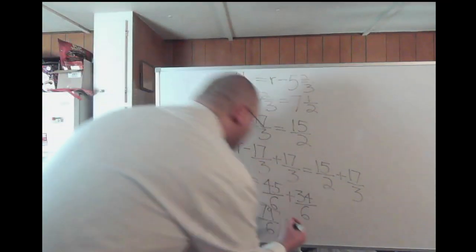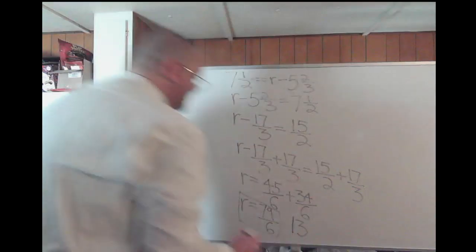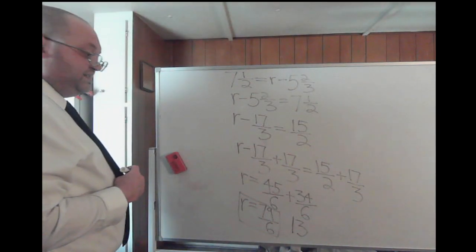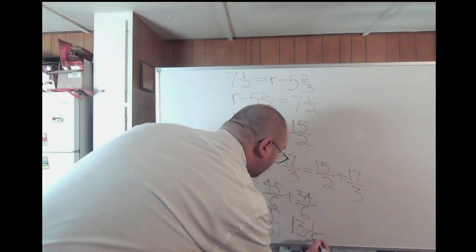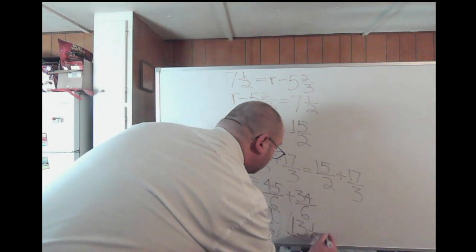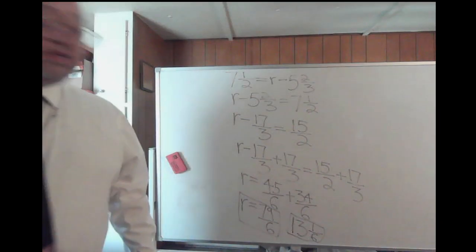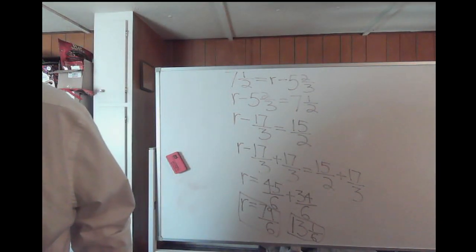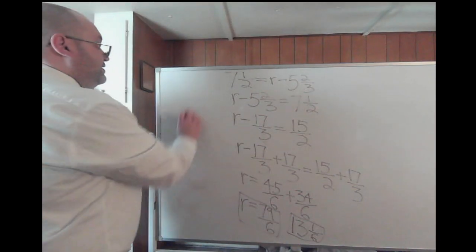Well, it goes in 13 times. 13 times 6 is 78, so you'd have 1 left over. You would get 13 and 1/6 as another possible answer for your mixed number form. It'd be 13 and 1/6. So there's those.